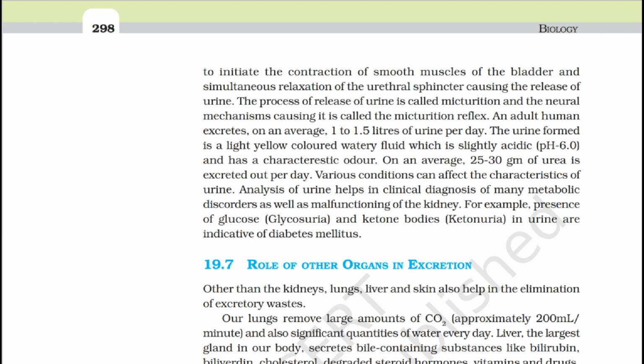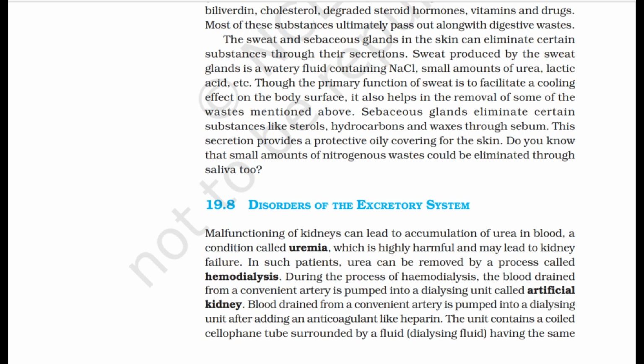Liver, the largest gland in our body, secretes bile, containing substances like bilirubin, biliverdin, cholesterol, degraded steroid hormones, vitamins and drugs. Most of these substances ultimately pass out along with digestive wastes. The sweat and sebaceous glands in the skin can eliminate certain substances through their secretions.